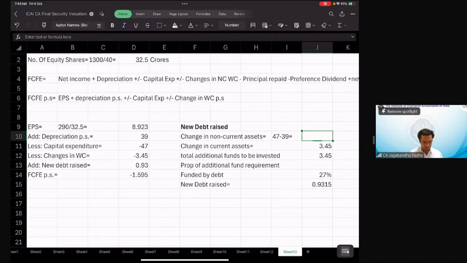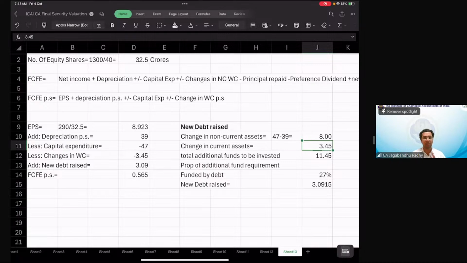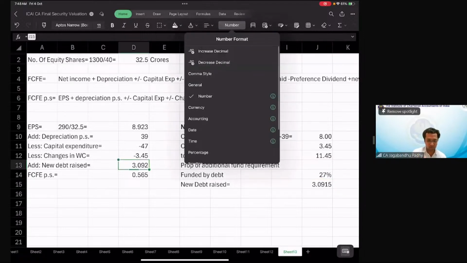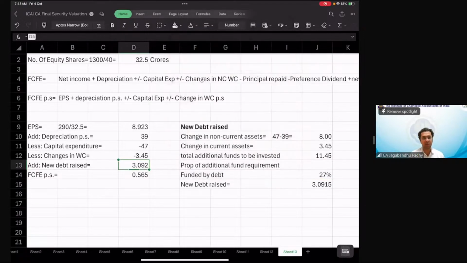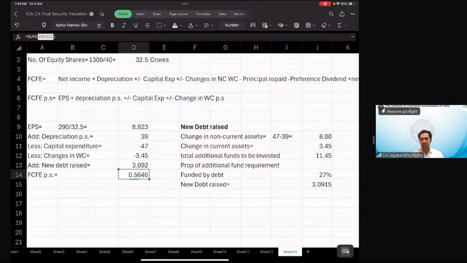I think this is 47 minus 39. Yeah, that is 8. My bad, there was a calculation error. So 8. So we can say new debt raised is 3.0109. And yeah, this is 0.5646. So this is free cash flow for equity on a per share basis.